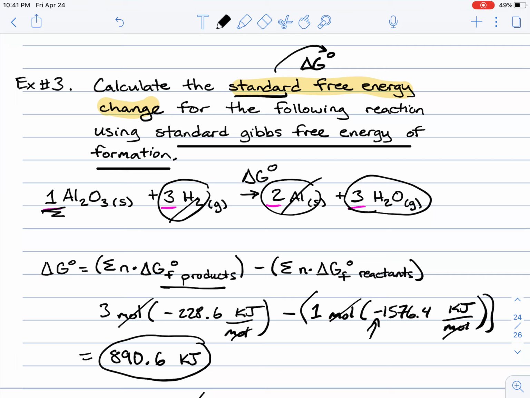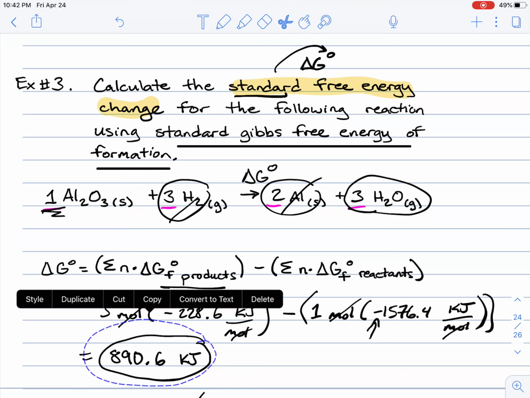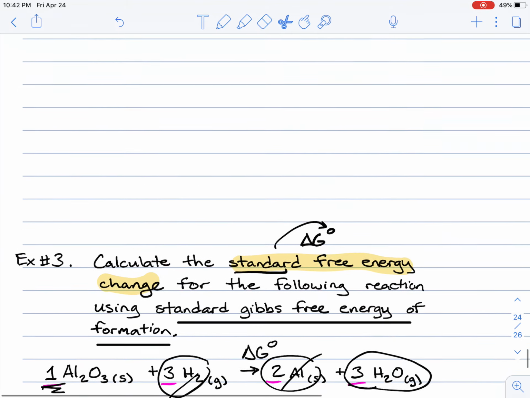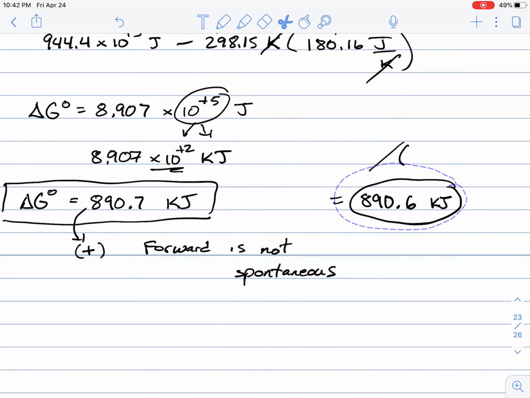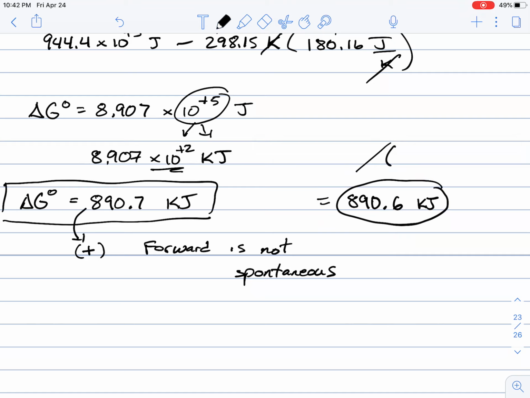And so the main point for me to show you both techniques is to compare the final answer. And so this was the final answer for question number 3, using the second equation to calculate the change in Gibbs free energy under standard conditions.